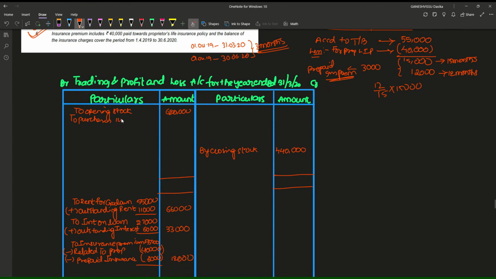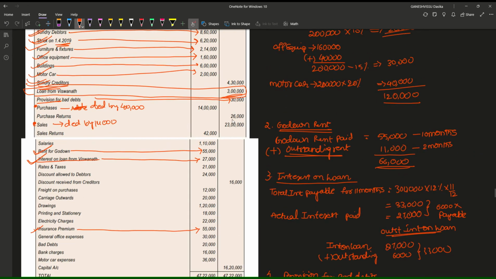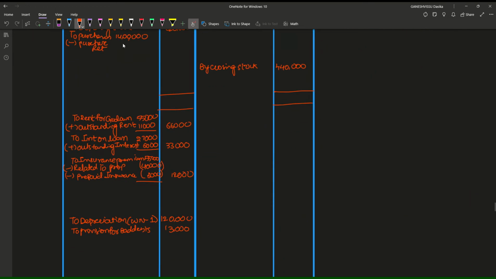To purchases by 14 lakhs, and we need to deduct purchase returns by rupees 26,000, and also we need to deduct the typewriter, which is purchased for 40,000 rupees.